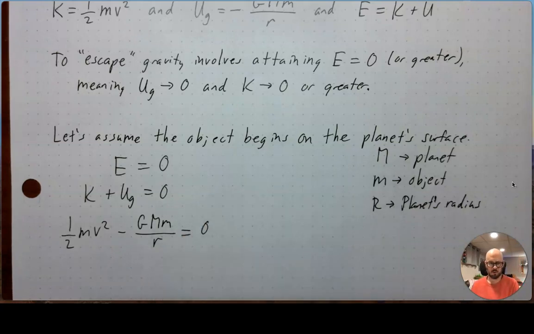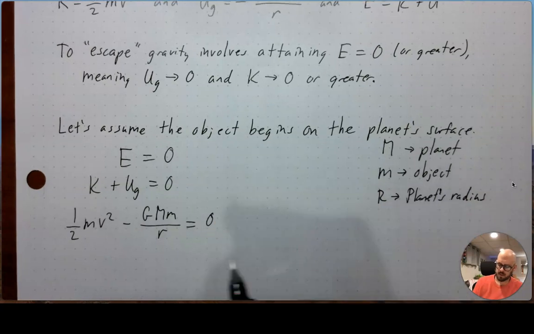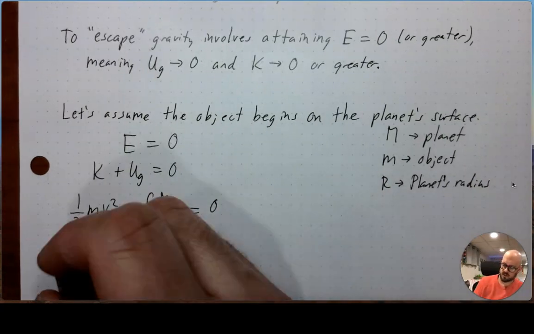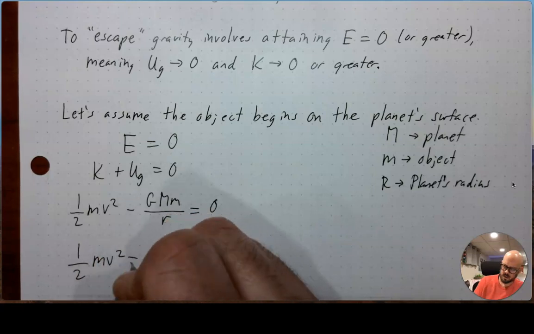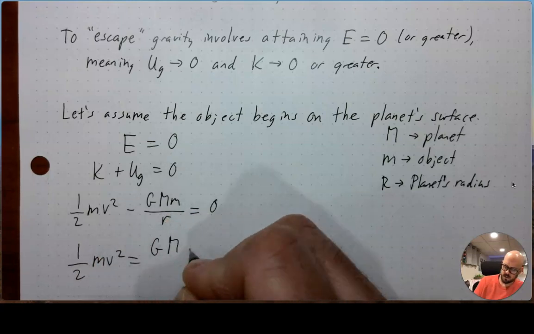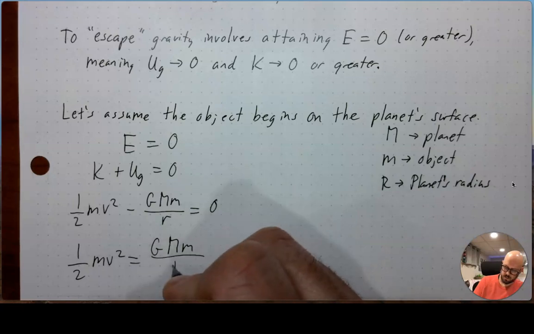The amount of kinetic plus the amount of gravitational is going to equal 0. And I can move gravitational over to the other side. I get 1/2 little m v squared equals G big M little m over r.